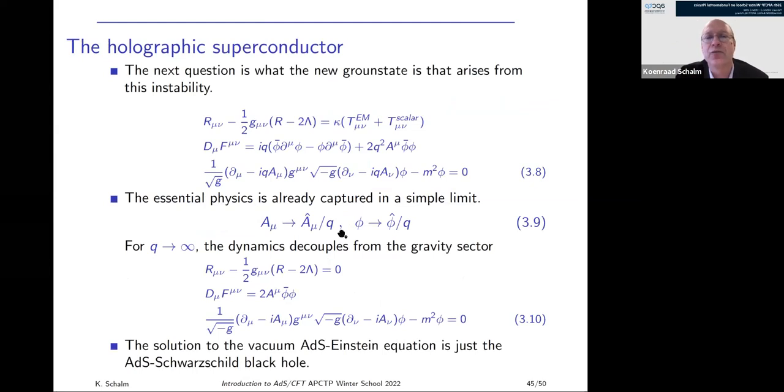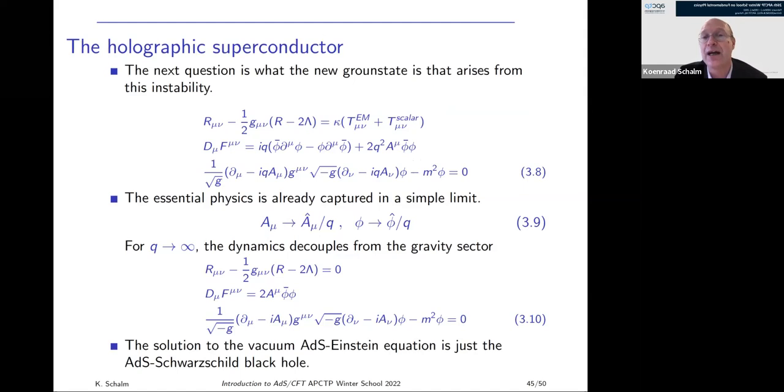Okay, so what should happen? I only know that there is this instability. But now I have to understand what happens after this instability is triggered, and where I arrive. Now, secretly, I already know something that's going on, because I have a charged object that's unstable.